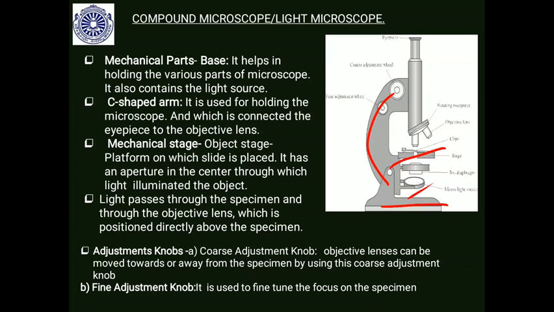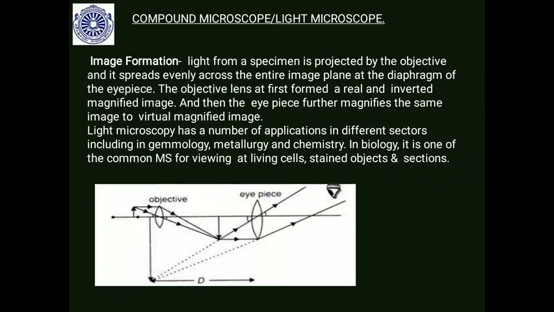There is a lens which focuses the light on the specimen. Then there are adjustment knobs, the coarse knob and the fine adjustment, so you are adjusting depending on the objective, the size.